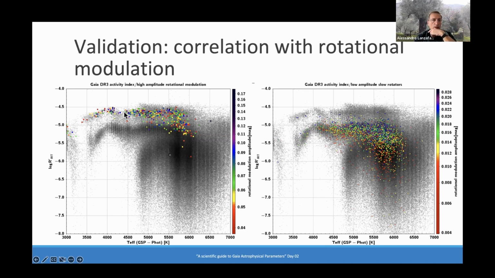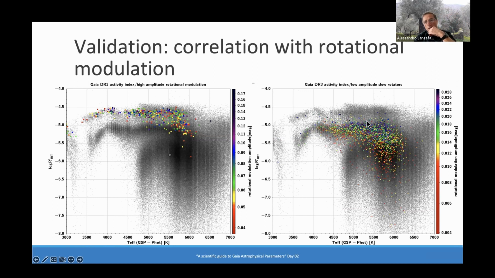If you do a cross match with SIMBAD, you see that the T Tauri stars and pre-main sequence stars sit essentially in this branch. When we plot the low amplitude, slow rotator sequence, they are all in this region.